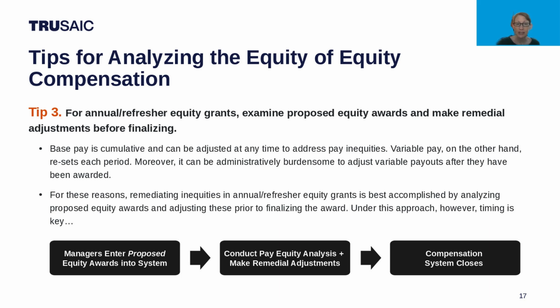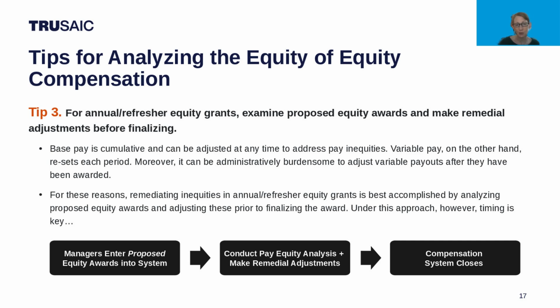So for these reasons, we recommend remediating inequities in those annual refresher equity grants by analyzing the proposed equity award and adjusting these prior to the award being finalized. Now, this is a best practice, but it's important to keep in mind that timing is very important if you want to evaluate your proposed equity awards.